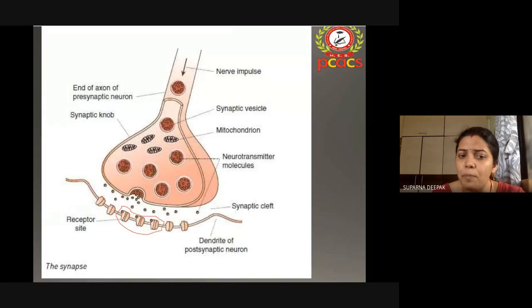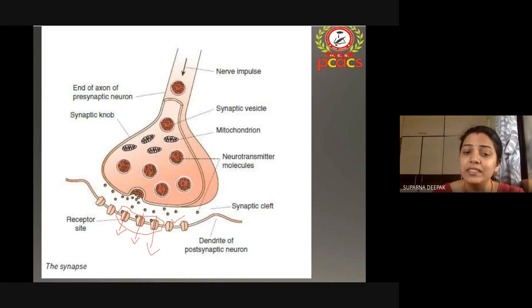So these receptors have opened these channels for the ions to come inside, whereas these receptors have not yet bound to neurotransmitters, and hence they are closed. So these channels play a very important role in changing the potential.